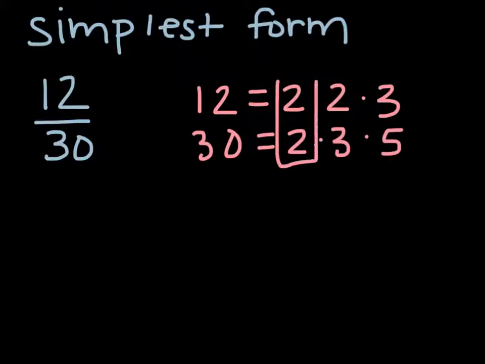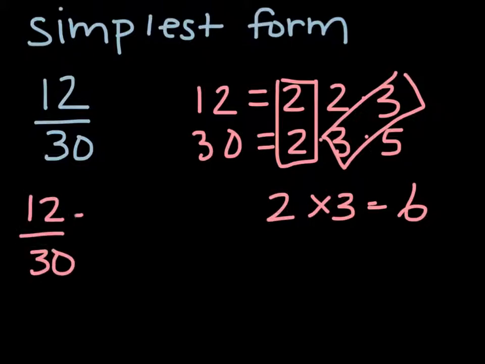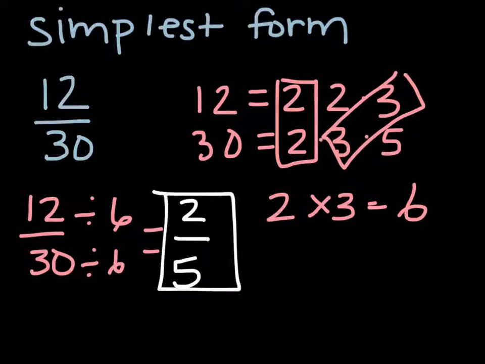Therefore, our greatest common factor will be 2 times 3, or 6. So now we can go back to our fraction, 12/30, and divide both the numerator and the denominator by 6, giving us an answer of 2/5. 2/5 is equivalent to 12/30, but 2/5 is the simplest form.